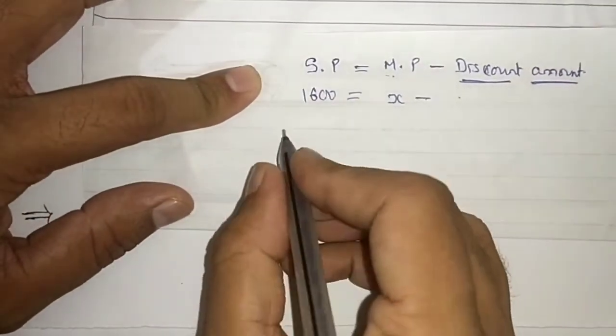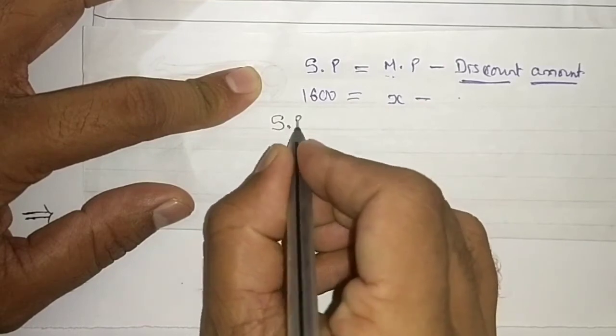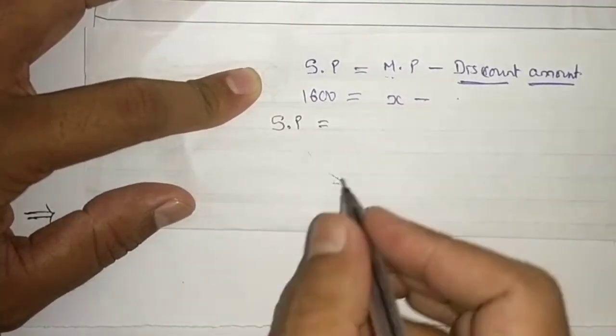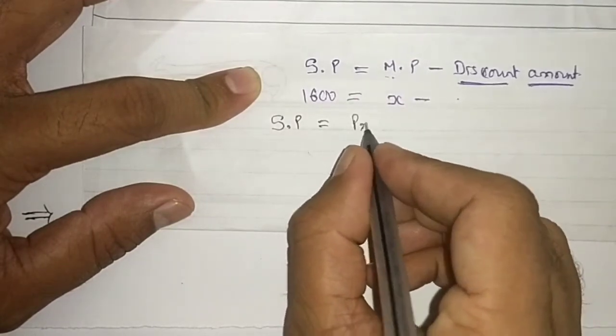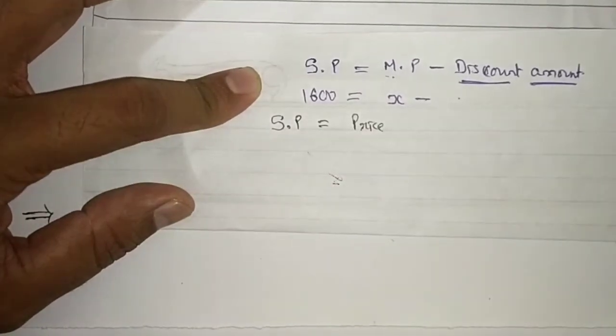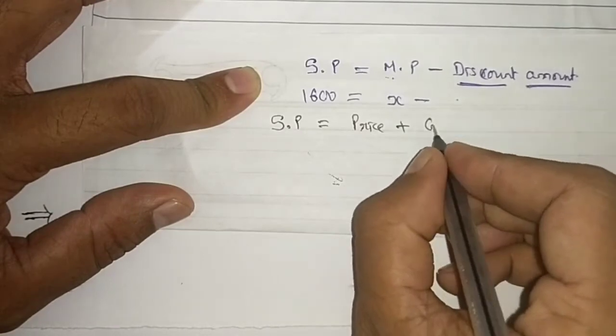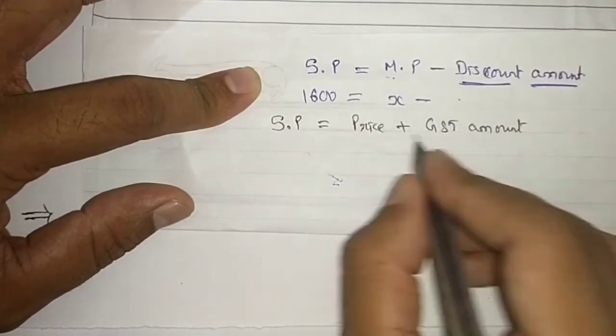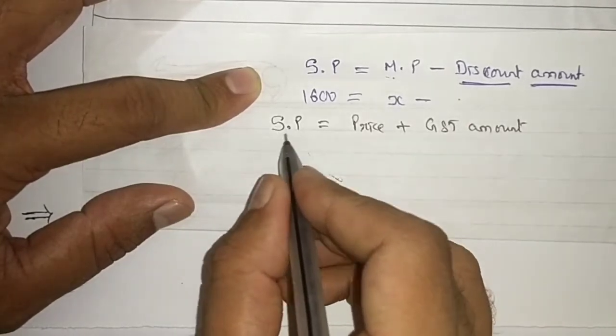So if I write here my SP, that is the shopkeeper's SP, it will include the price of the hair dryer plus the GST amount. Then only I have to pay the more amount.